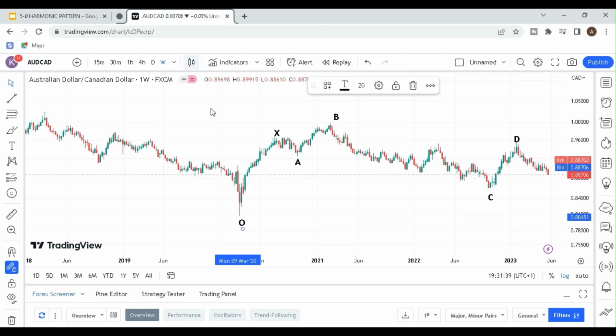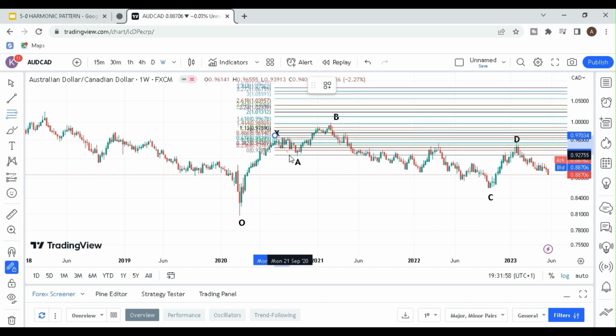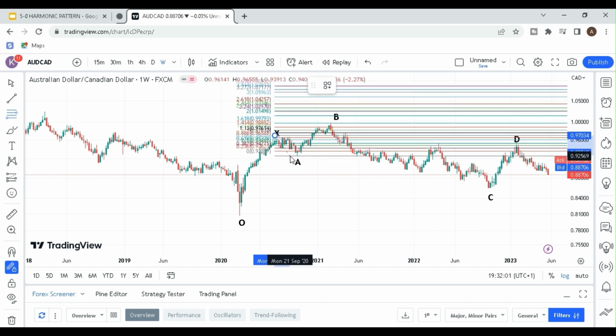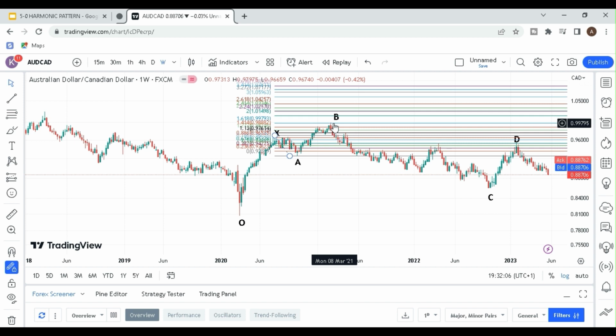And how do we get that? So we achieve this by going to our Fib tools there. Click on this from my point X, because we are looking at the XA leg. My A leg here. And it says B should be what?